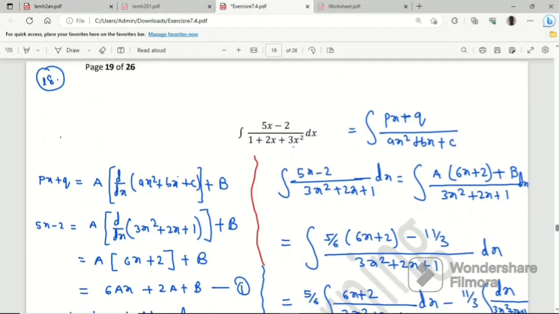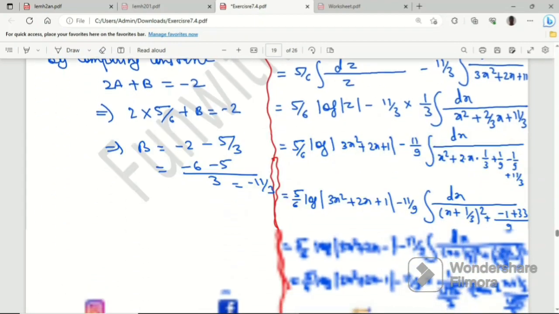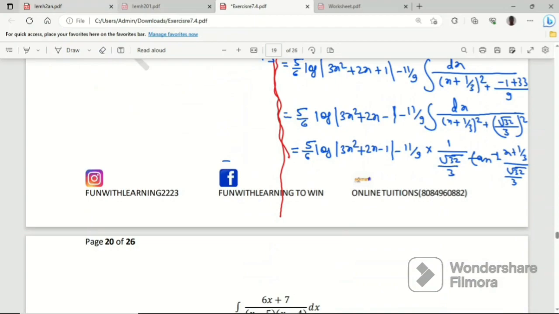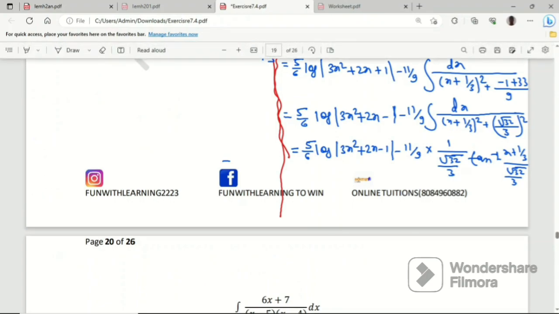It was 18th number, I think. Yes, it is 18th number. The answer is 5 by 6 log 3x square plus 2x plus 1. So we have 5 by 6 log, it is right. Minus 11 by 9 it is there. So I can cancel 3 times.